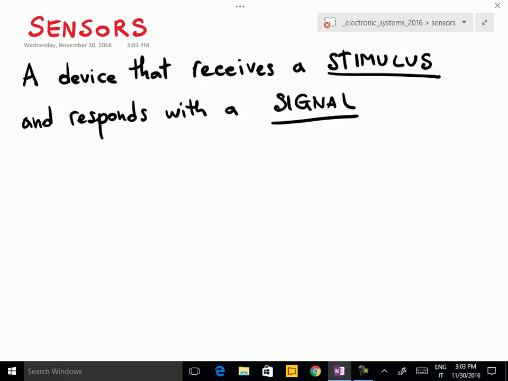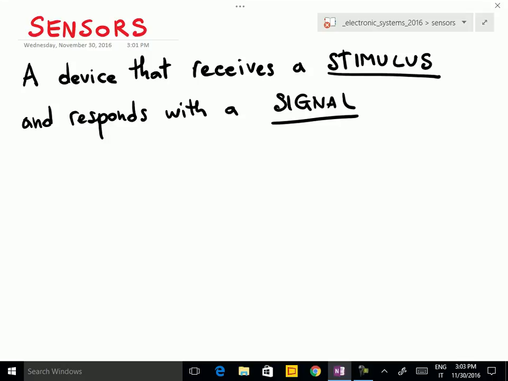This is a very broad definition. It's so broad that it does not tell us anything specific about the sensor, but it is a good starting point for us.